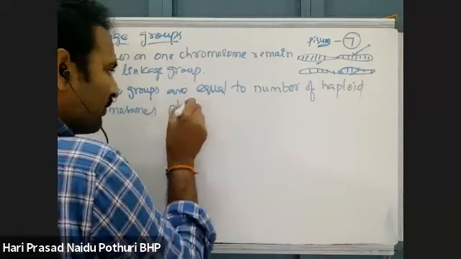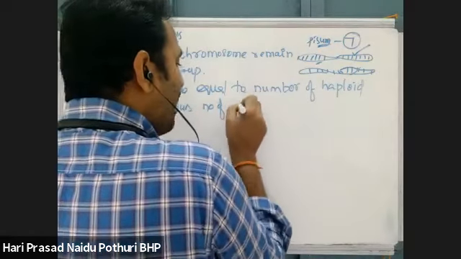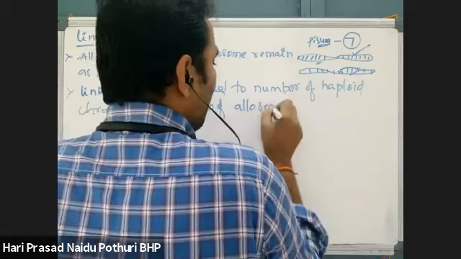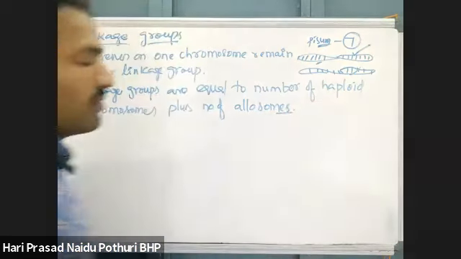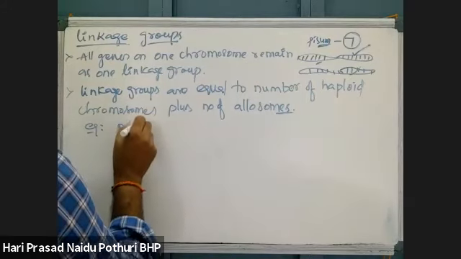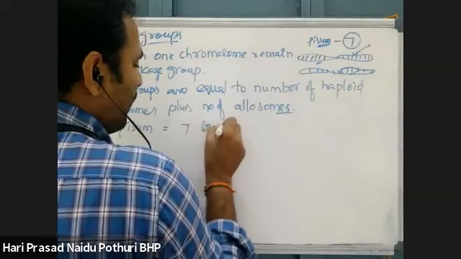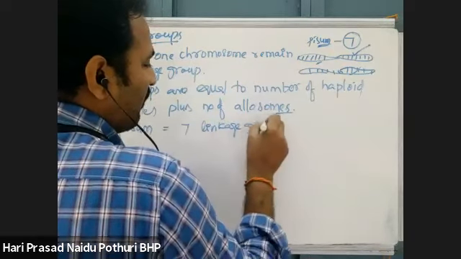Suppose we take an example so that you can understand. Pisum sativum has 7 linkage groups.